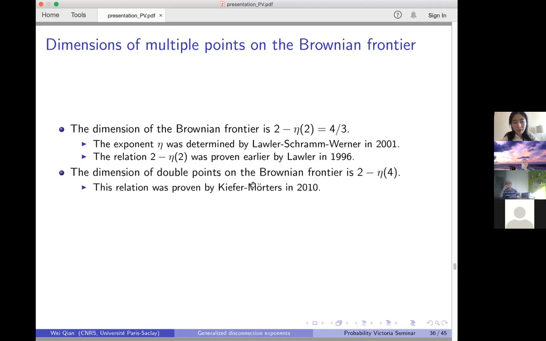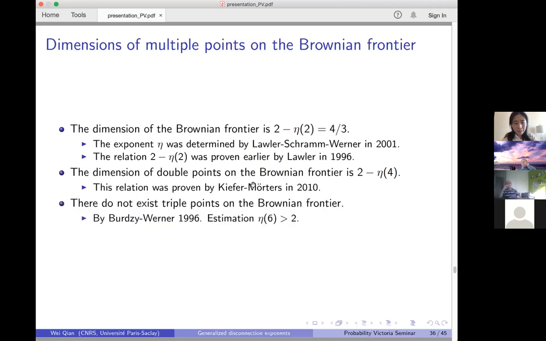Then the dimension of double points on the Brownian frontier is 2 minus η_4, because if a point on the Brownian frontier is visited twice by a Brownian motion, then it has to come, leave, come again, and leave again. So it's 4 arms of Brownian motion. And also there do not exist triple points on the Brownian frontier because η_6 is bigger than 2. So the usual relation between dimension and exponent is just 2 minus the exponent.